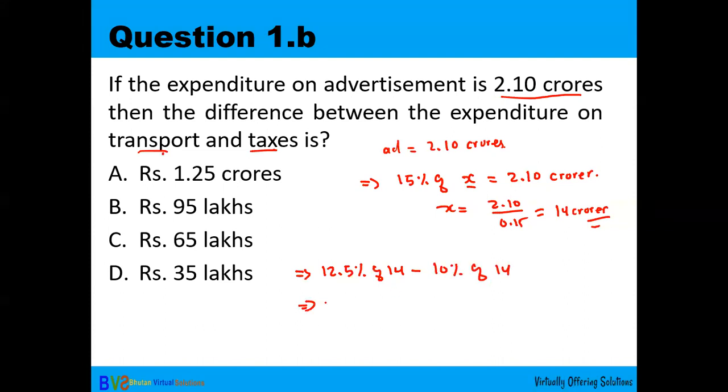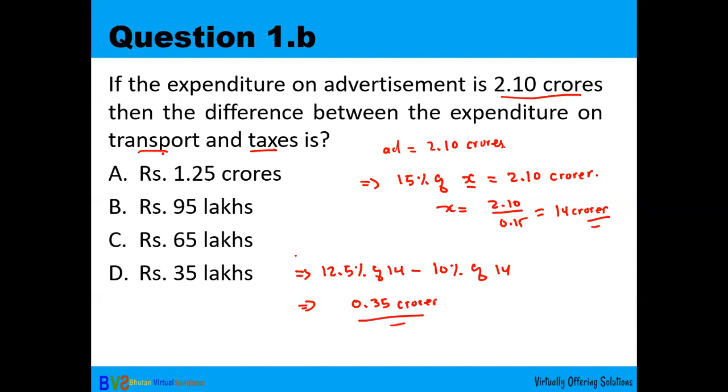All right. So you directly calculate this: 0.125 times 14 minus 0.1 times 14, you will get 0.35 crore.